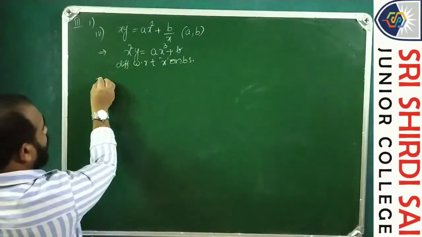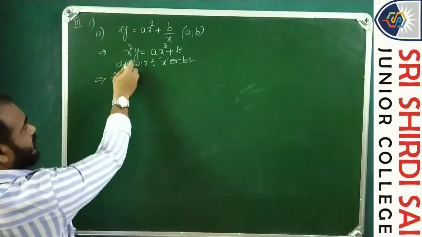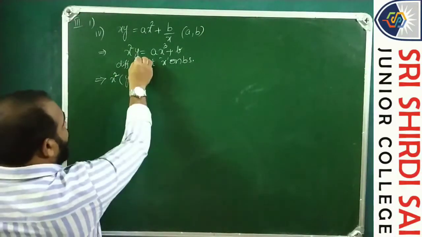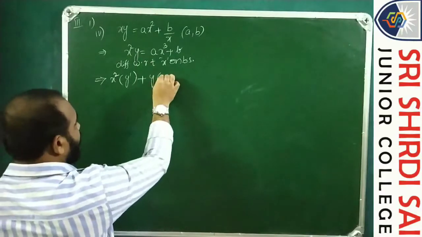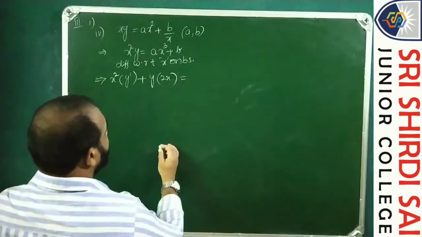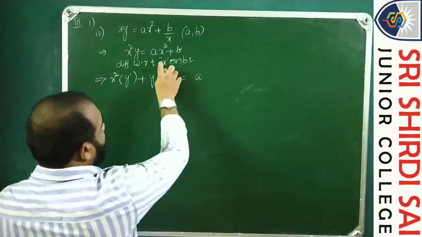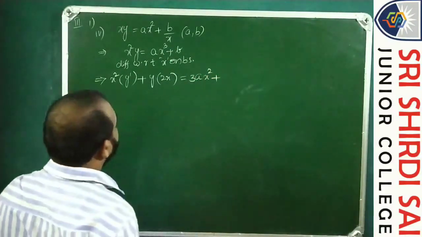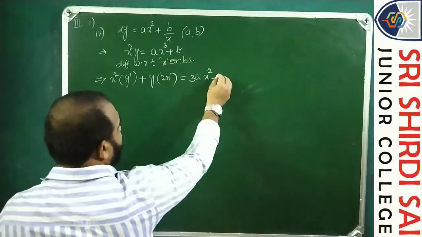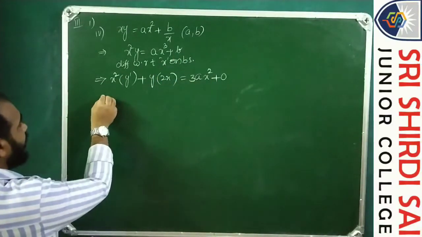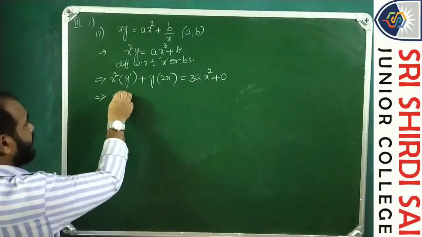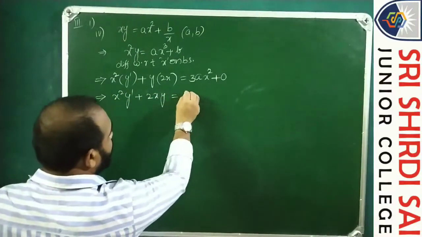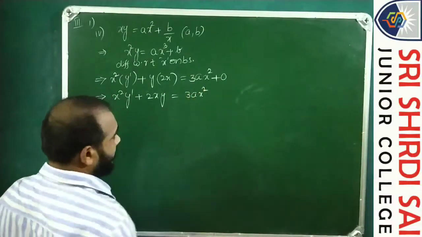This is equal to x square into d by dx of y, which is dy by dx, that is y dash, plus y into d by dx of x square, which is 2x, is equal to a constant, x cube derivative is 3x square, plus d by dx of b, a constant, derivative is 0. Therefore we get x square y dash plus 2xy is equal to 3ax square.